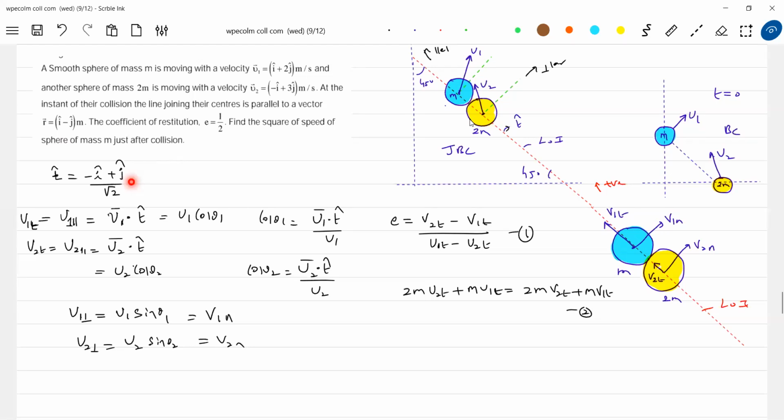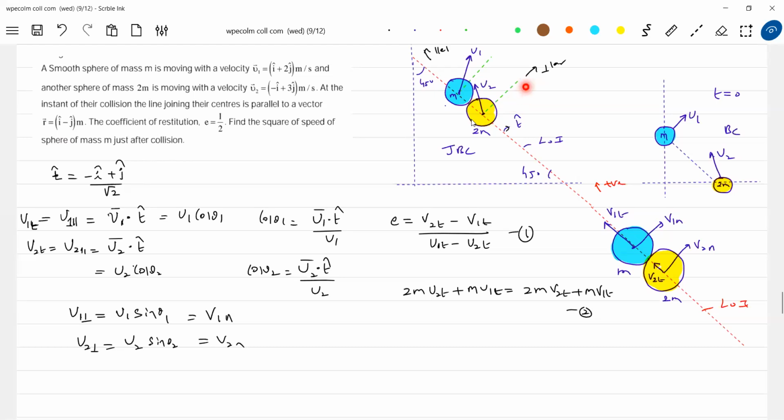No, not common normal, common tangent. T is tangential. Now tell me this direction, what it should be? Oh, I'm showing common normal. No, common normal, if you want, then n cap dot t cap should be 0. So then from there you should bring common normal. Common normal will come in this direction.